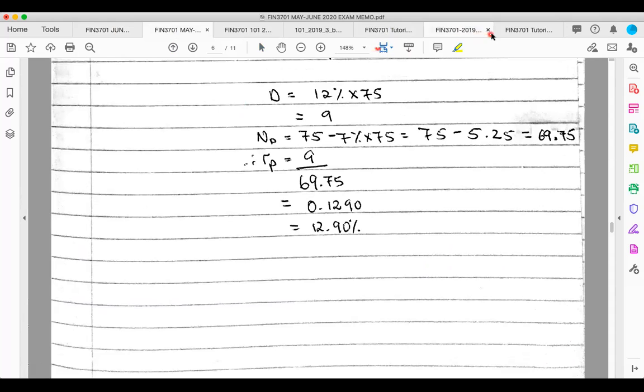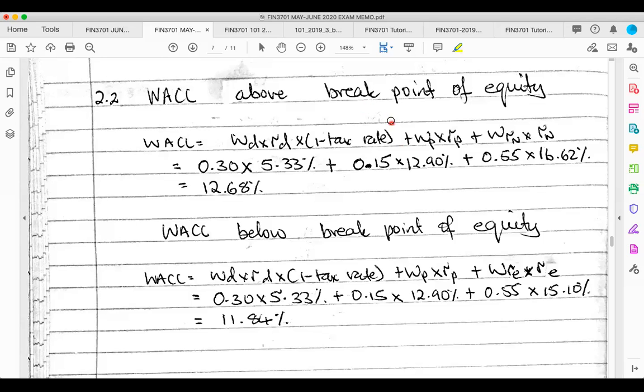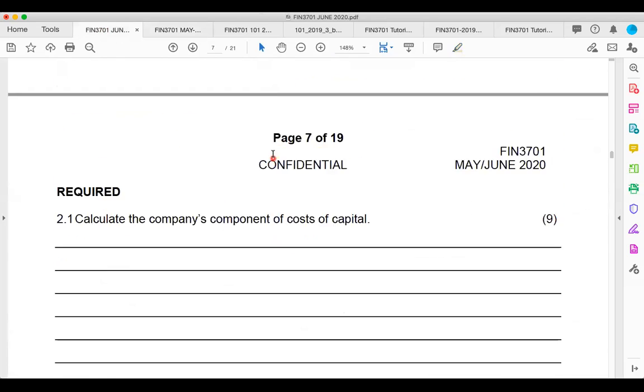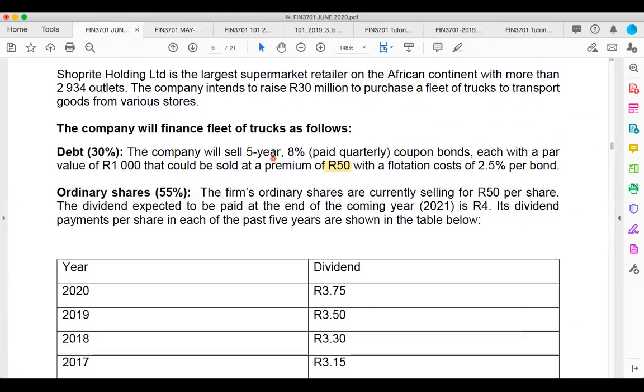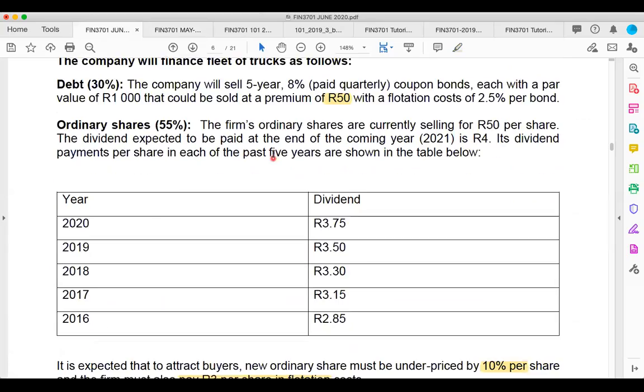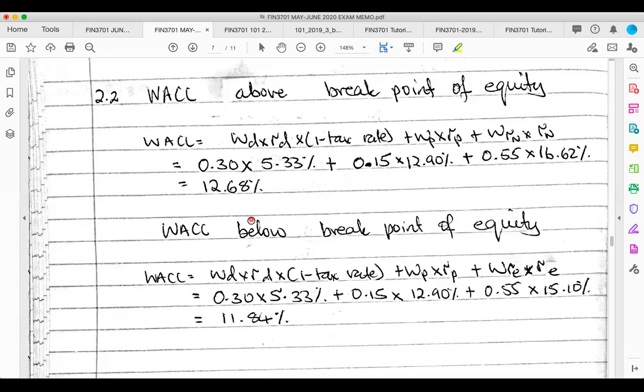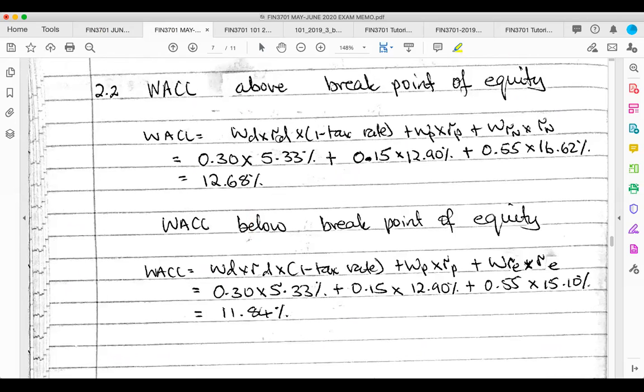Okay, so those are the calculations for the component costs for all the sources of capital. And then lastly, for the weighted average cost of capital, we were just told to calculate the weighted average cost of capital, but we were not told whether to calculate it above the breakpoint of equity or below the breakpoint of equity. Remember, if we are above the breakpoint of equity, we use the cost of new ordinary shares in our WACC calculation.